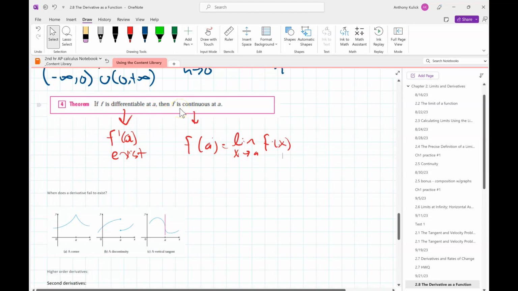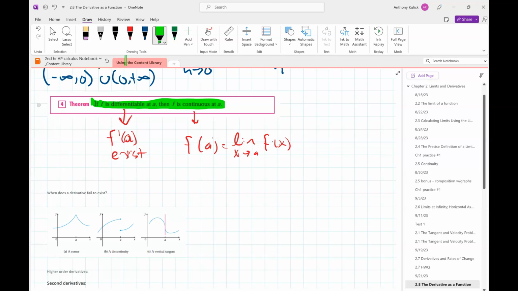The place where this theorem becomes most important is as a tool to justify what you can do or not do in a problem. If you have differentiability, automatically having continuity means that if you have some function you want to do the intermediate value theorem on, and you know that function is differentiable, you have the continuity piece for free.